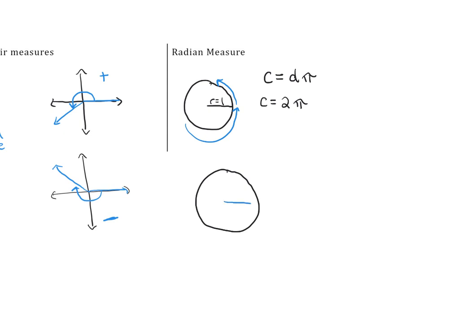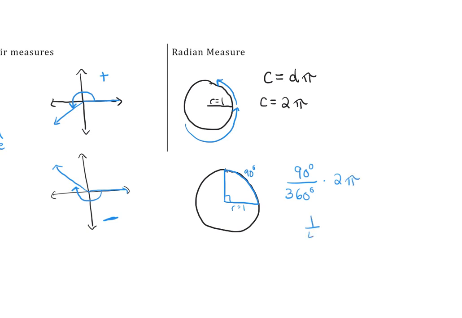So now I want you to think of what if we are looking at only going 90 degrees. So 90 degrees around, where the radius is 1, how much of the circumference is covered? Well, 90 degrees out of 360 degrees, times all the way around being 2 pi.